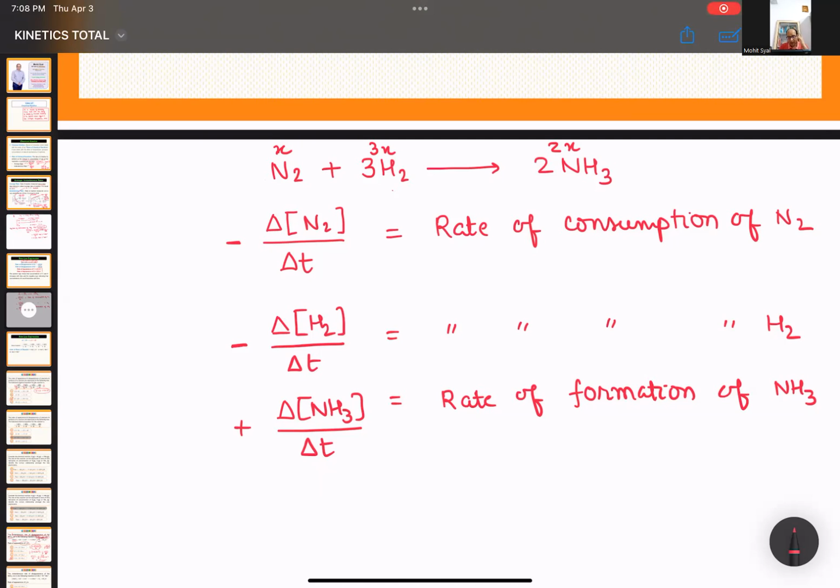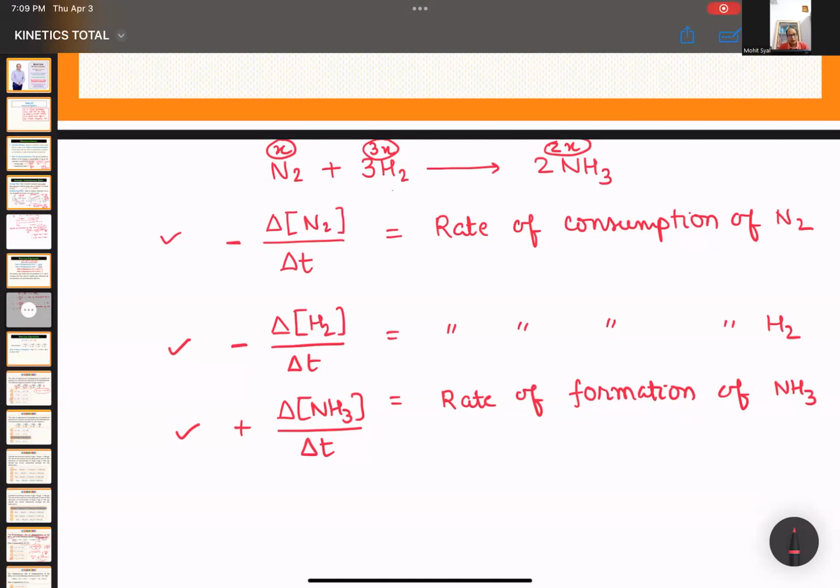And now my next question is, which one should I consider for the rate of the reaction? Should I take this one, or this one? Because they are not same, that we have seen already. One is x, another is 3x, and for ammonia it is 2x.